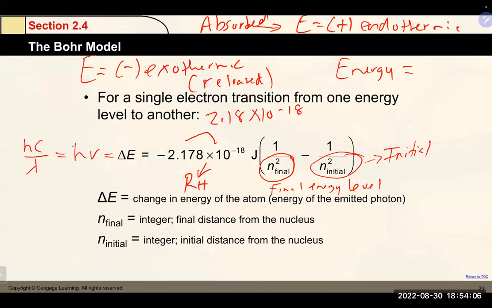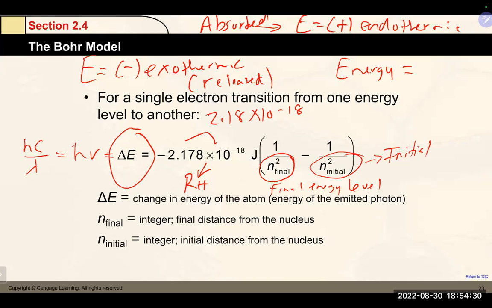So when we use this formula to calculate the change in energy, the sign that you get is really important because it will tell you whether or not the atom is giving off the energy, which would be negative, or absorbing energy, which would be positive. So as electrons transition from lower energy to higher energy, the energy change should be a positive number for the atom.